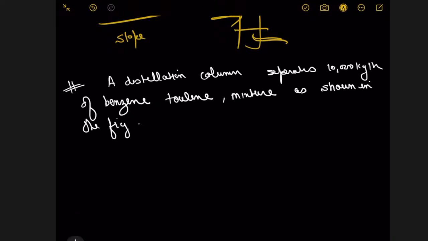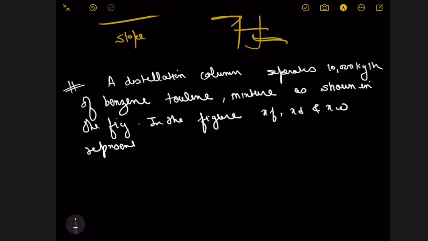In the figure, XF, XD, and XW represent the weight fraction of benzene in the feed, distillate and residue.